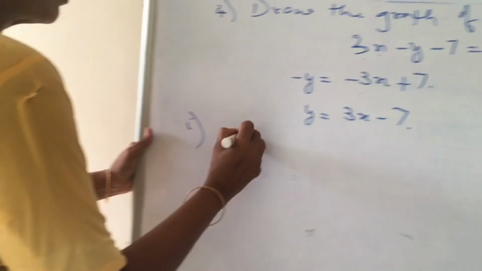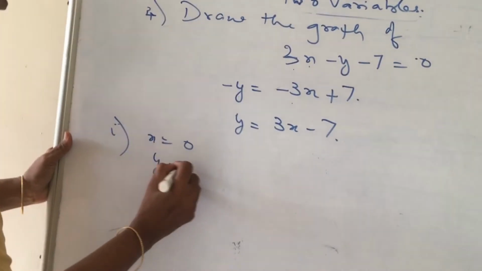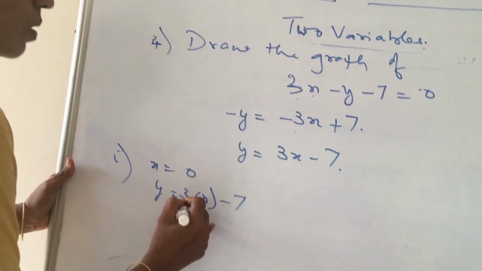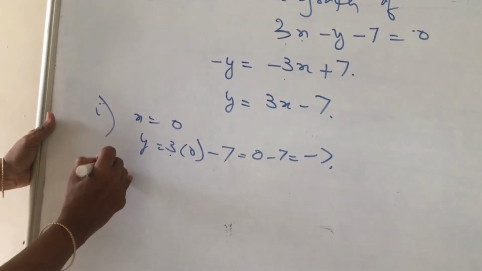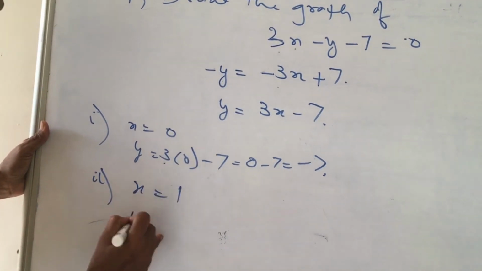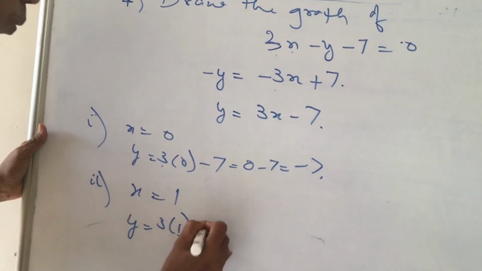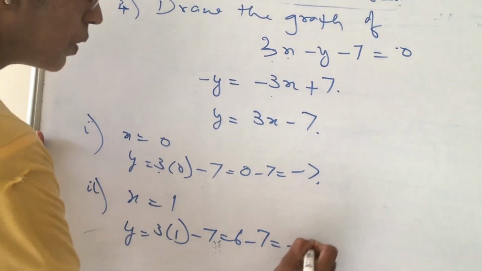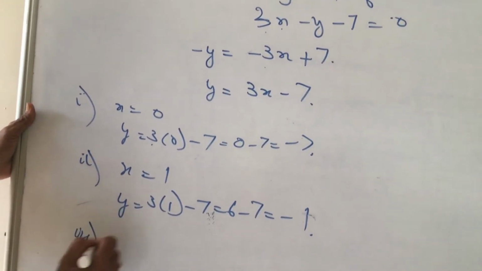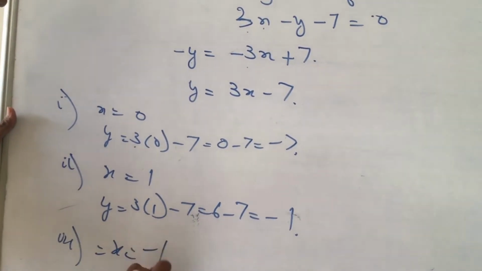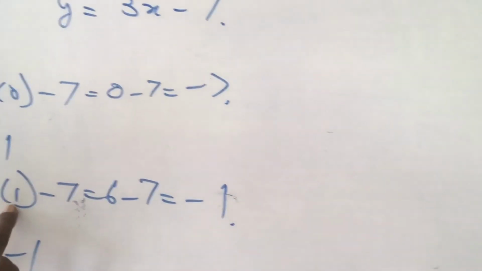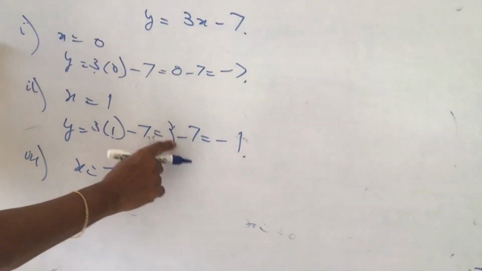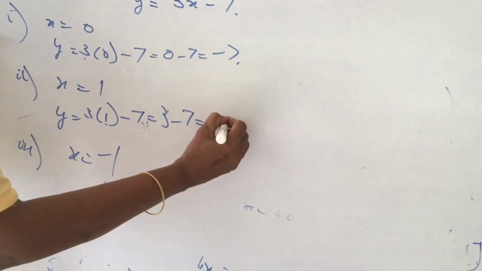I am giving x is equal to 0, y is equal to 3 into 0, 0. 0 minus 7 is minus 7. X is equal to 1, y is equal to 3 minus 7 is minus 4.